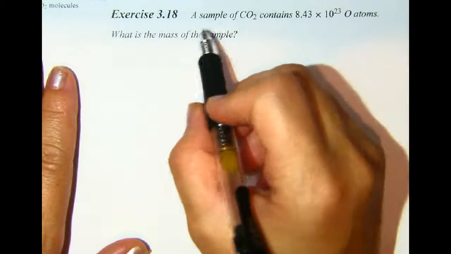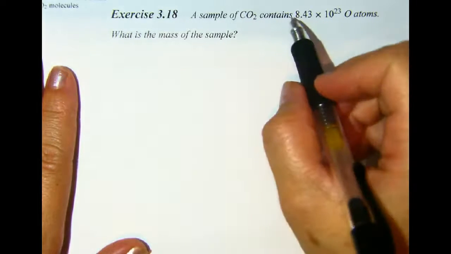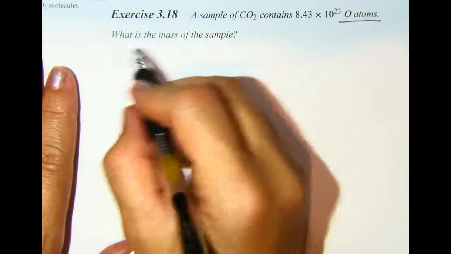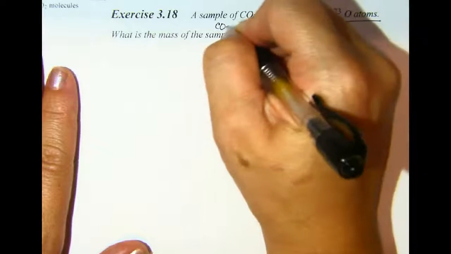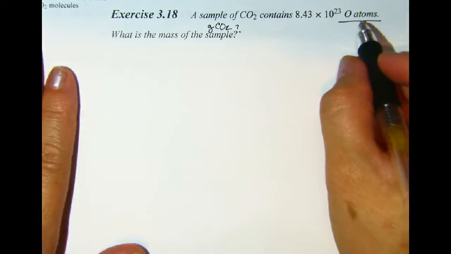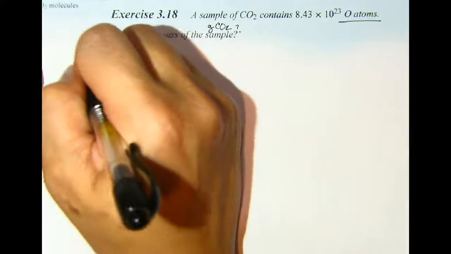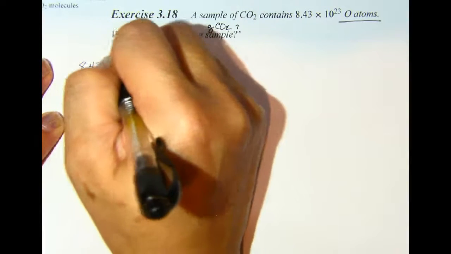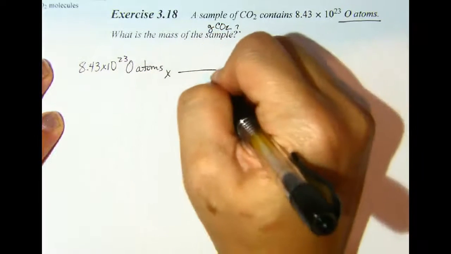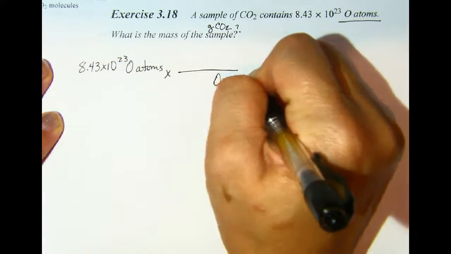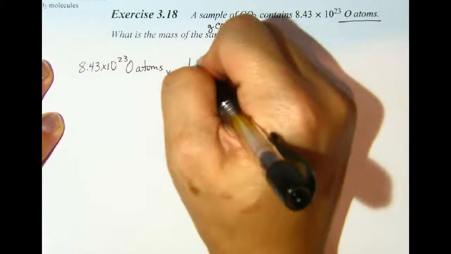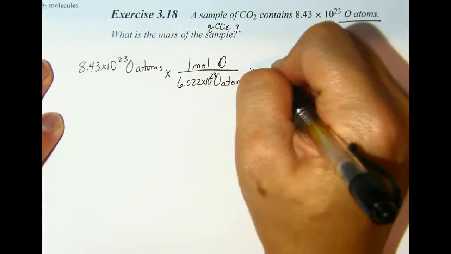Exercise 3.18. A sample of CO2 contains 8.43 times 10 to the 23rd oxygen atoms. What is the mass of the CO2 sample? So we want to know grams of CO2, but we're given the amount of oxygen atoms. So there's two ways to do this problem. 8.43 times 10 to the 23rd oxygen atoms times, draw a line, bring down oxygen atoms, and we have Avogadro's number of oxygen atoms per 1 mole of oxygen times, draw a line.